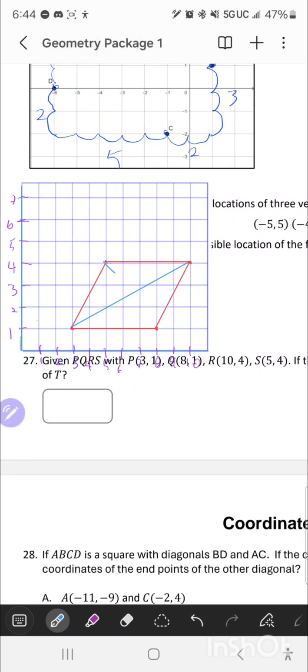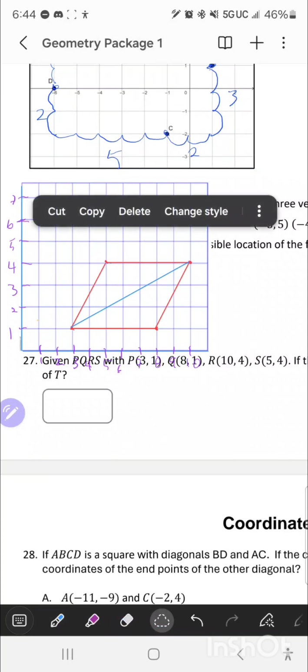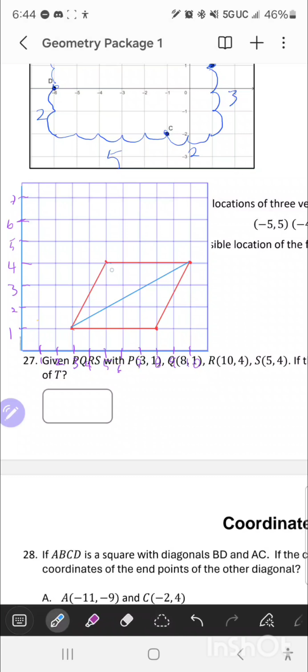Make sure that they are a straight line from the exact point to the other point.